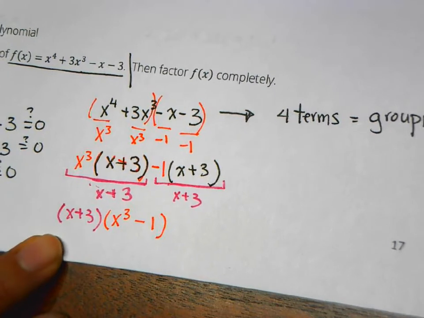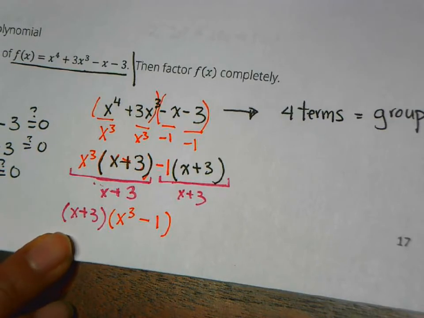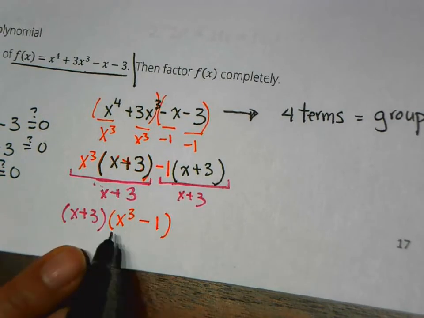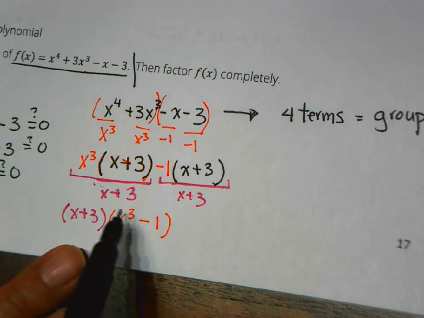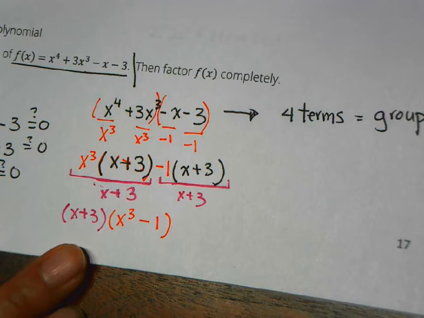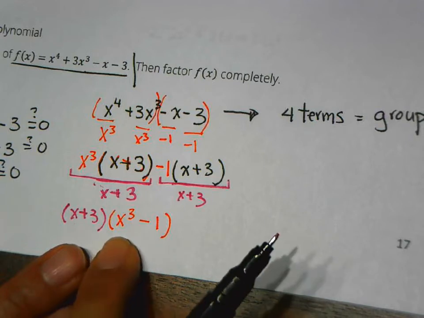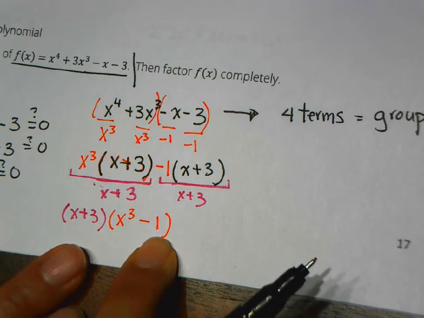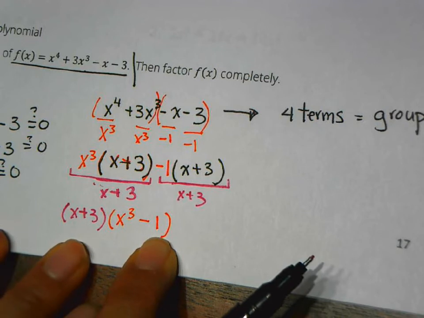Now normally I would say, hey, I'm done. However, if you take a look, x cubed is a perfect cube, minus 1, and 1 is also a perfect cube. So I have a cubed minus b cubed. Go back to the last lesson.